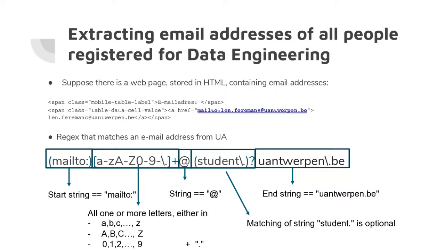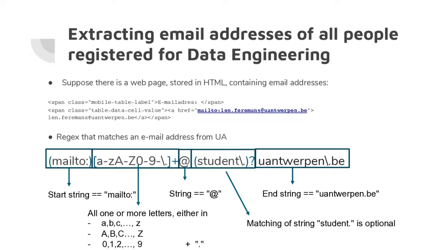What that means is you want to match any string which has any of these letters, either lowercase or uppercase characters, all digits, and also the point character. And the plus means one or more. So that matches pretty much every name you might have before the @ sign.